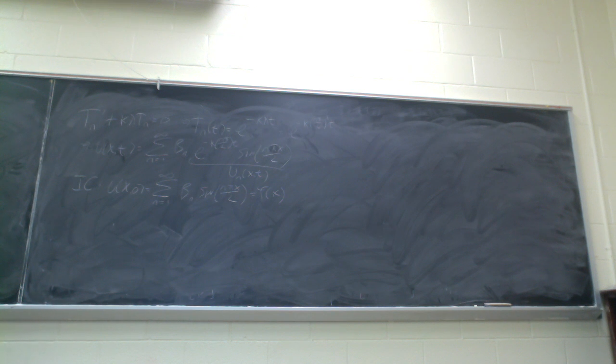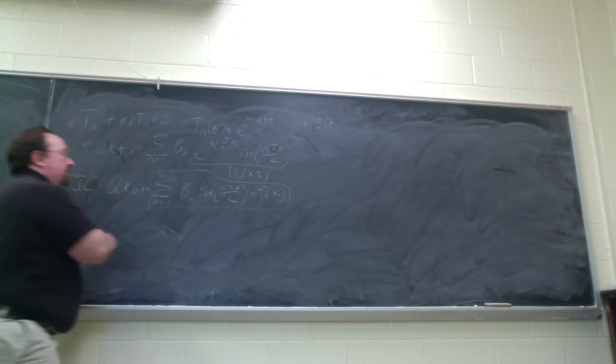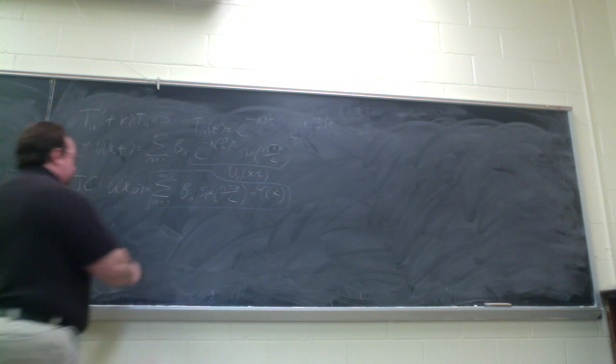So how are we going to find these constants, these b sub n? What I'm going to do is multiply both sides of this equation by one of these eigenfunctions, these sines.